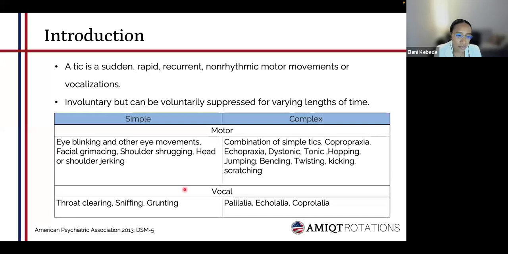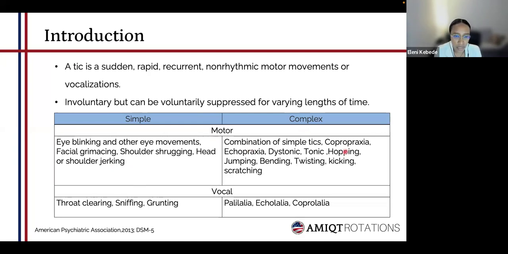Like we see, both could be simple or complex. So the common ones are listed here. Motor simple tic would be like shoulder shrugging, head or shoulder jerking. And complex would be a combination of simple tics, like simultaneously head turning together with a shoulder shrugging. That would be considered complex.